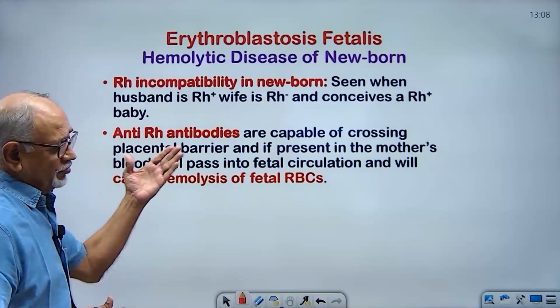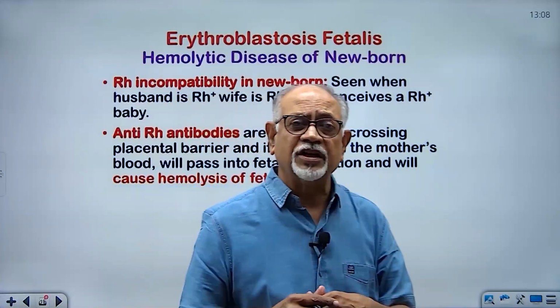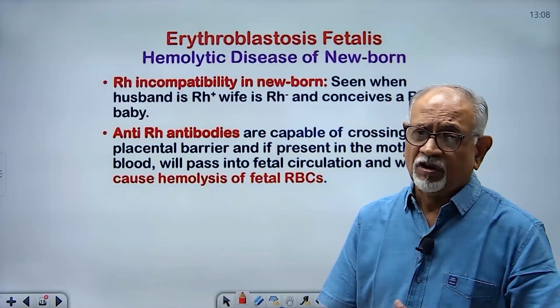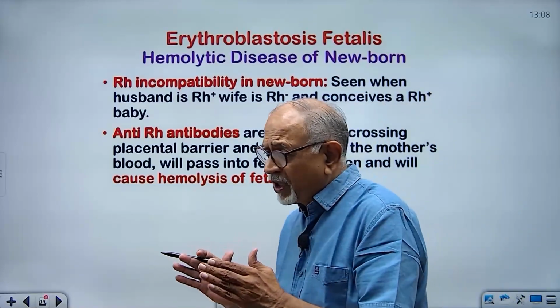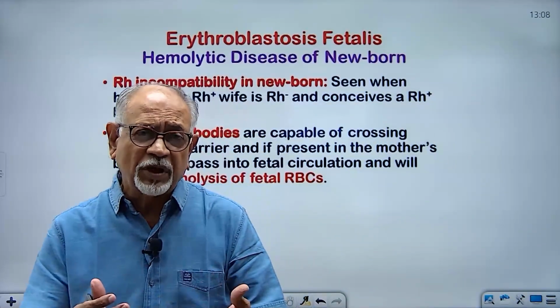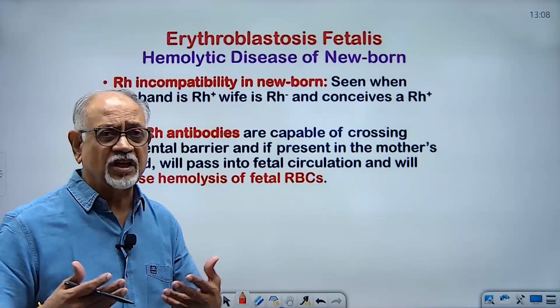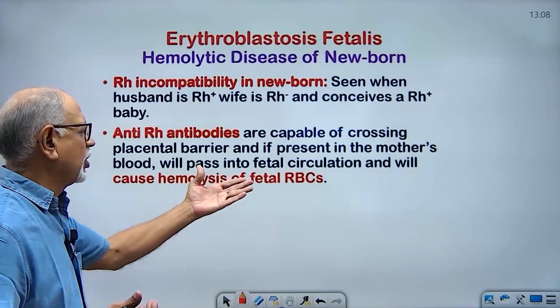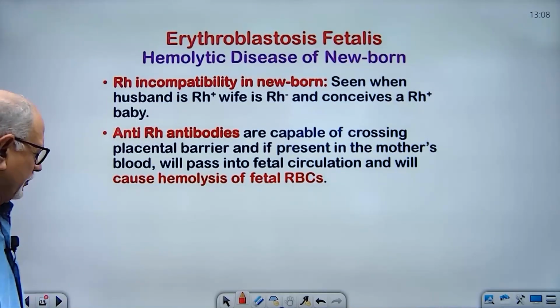Now, what happens? As mentioned earlier, these Rh antibodies can pass the placental barrier. So, if these antibodies pass from the placenta to the fetal circulation, hemolysis of fetal RBCs takes place. That is called hemolytic disease of the newborn.